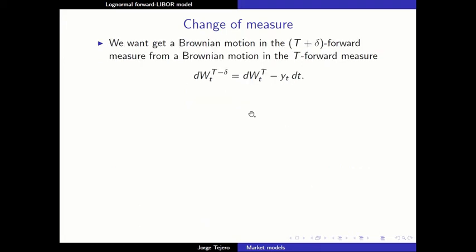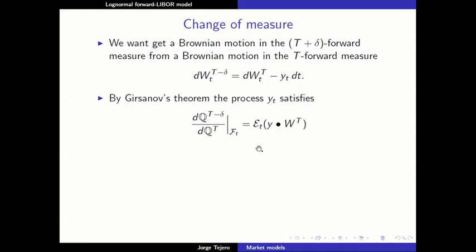If we want to write a Brownian motion in the T minus delta forward measure in terms of the Brownian motion in the T forward measure, we will need to use Girsanov's theorem, which gives the following representation for the Brownian motions, where the process y_t has to satisfy that the stochastic exponential of the process y has to be the Radon-Nikodym derivative between the two measures.